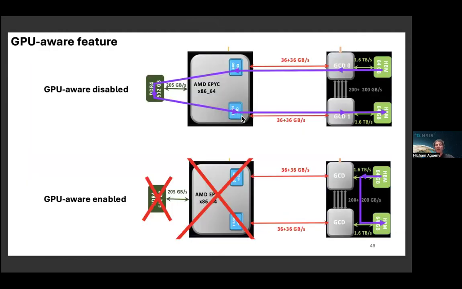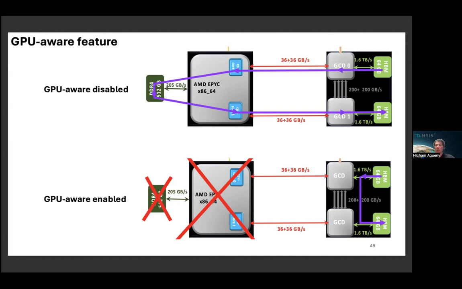In the traditional way, when the awareness is disabled, the communication takes a long path. Here, it will take a very short path, enabling transferring data between the memory of GPU 0, for instance, and the memory of GPU 1.